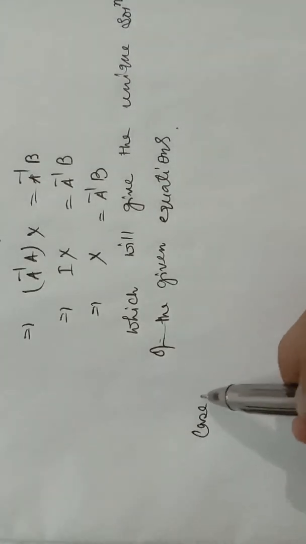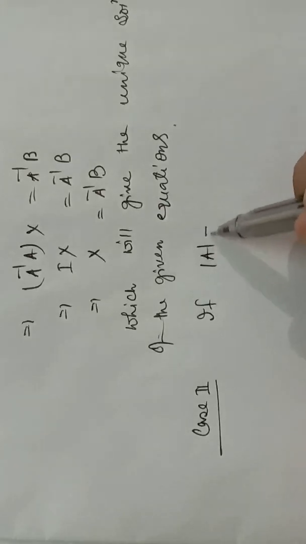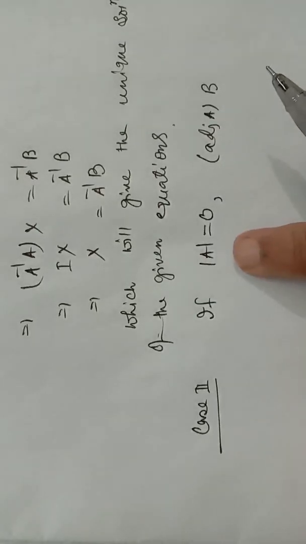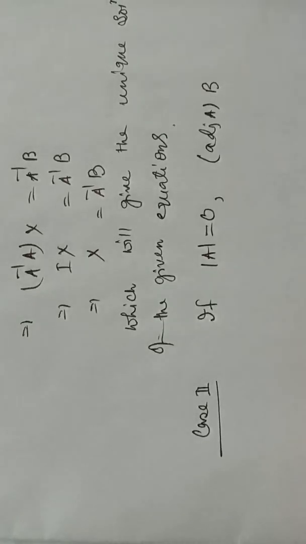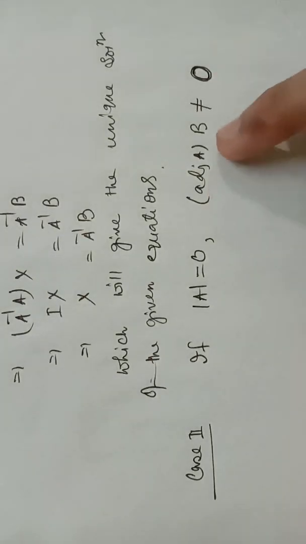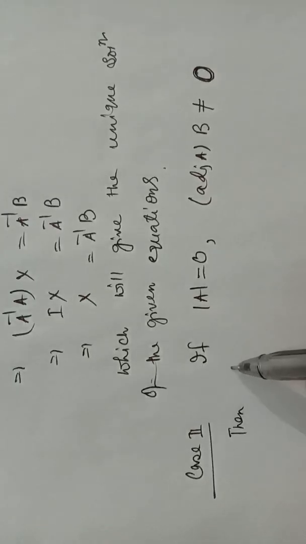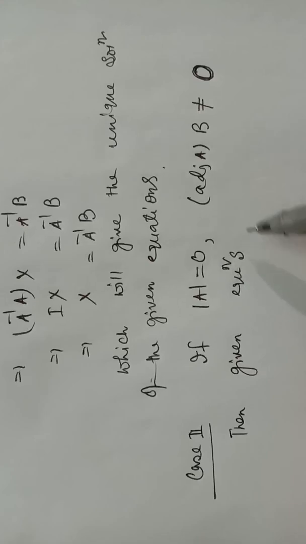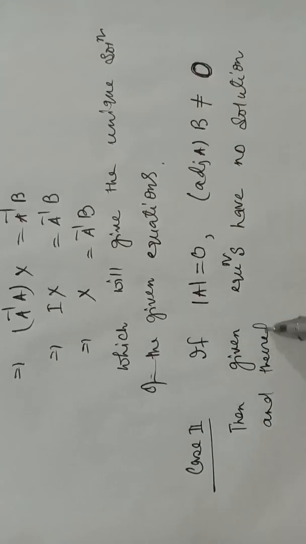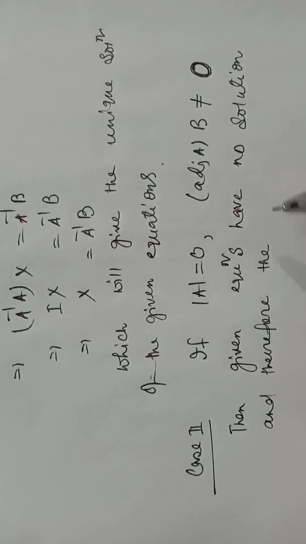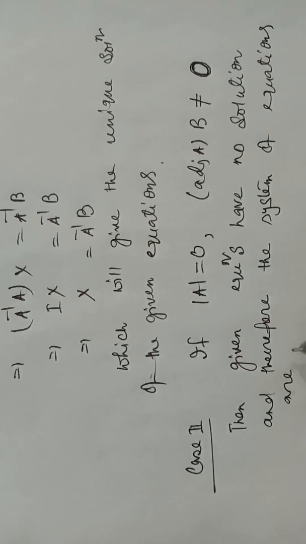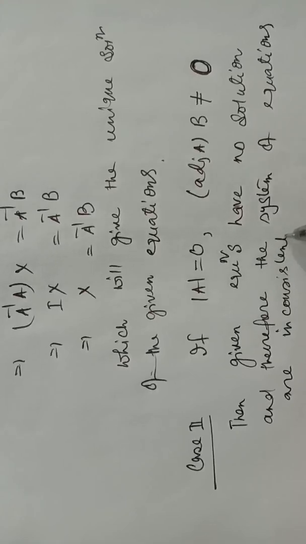Now, if det A equal to 0, that is, if A is a singular matrix, then we calculate adjoint of A into B. And if adjoint of A into B is a non-zero matrix, where 0 means the zero matrix, then we say the given equations have no solution, and therefore the system of equations is inconsistent. Inconsistent means the equations have no solution.